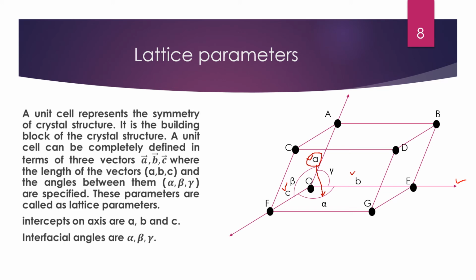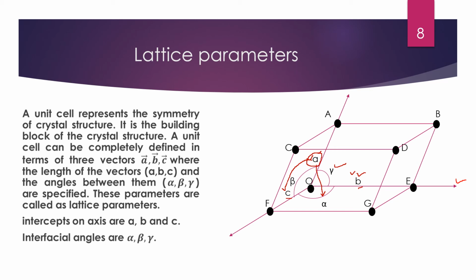So to form alpha, we should not use length a; the angle between vector B and vector C is defined as alpha. Similarly, the angle between vector A and vector C is defined as angle beta. Similarly, for angle gamma, we check the angle between vector A and vector B.